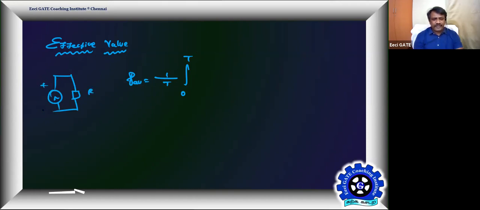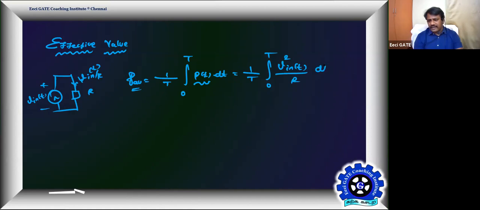Under this situation, I'm writing the average power conventionally: 1 by T integral 0 to T of the instantaneous power P of T into dt. What is P of T? Your supply voltage is V in of T, and the current is V in of T by R. So the instantaneous power is V in square of T divided by R, into dt. All of you getting this? Yes, sir.